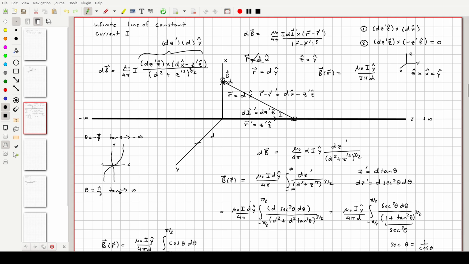So at this point, the strength of your magnetic field would be the same, except it would be pointing straight down the x direction like that. Now, if you were to repeat that for, say, minus d, below the x direction, what happens is you get a change in sign.